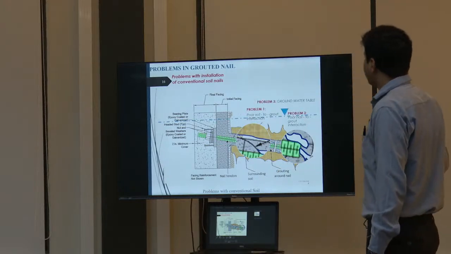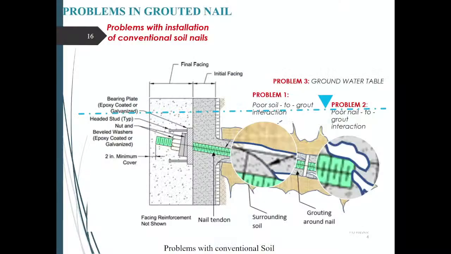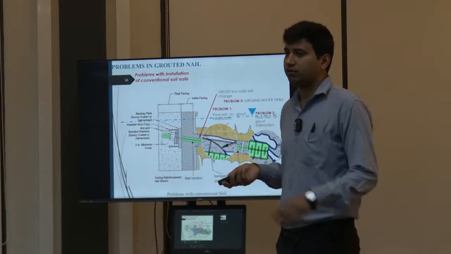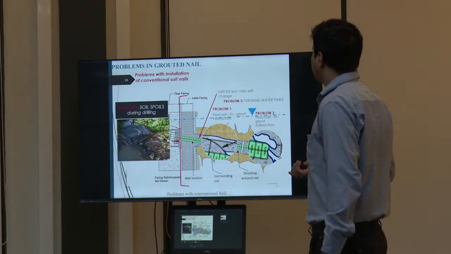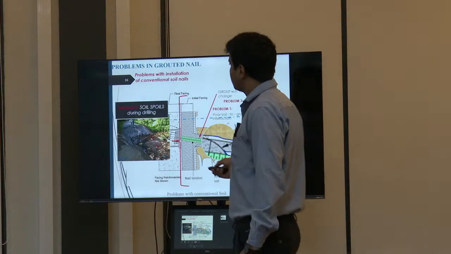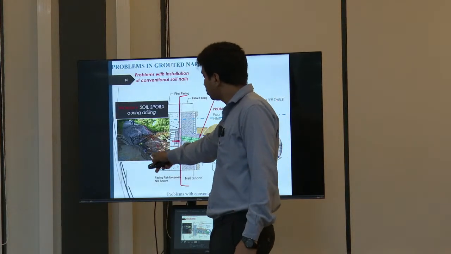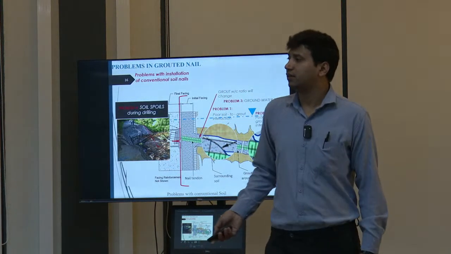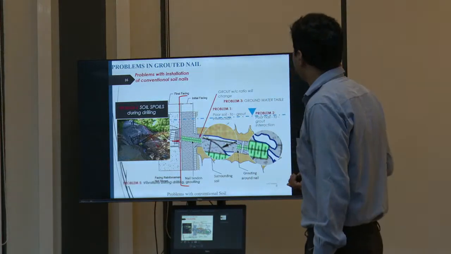Also under the water table this interaction will give you the worst result. Further, with a high water table, the grout's water-cement ratio gets changed. So these are the problems. During the installation of these nails, there is soil spoil, which is again a problem.